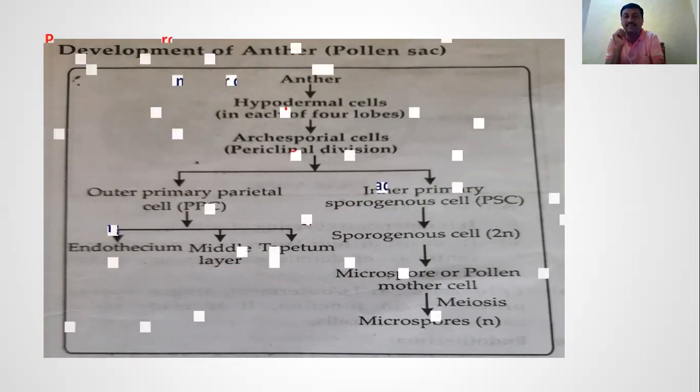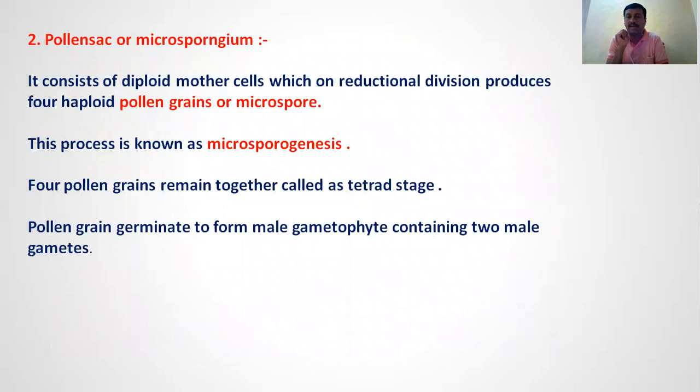Then these are present in between the pollen sac or microsporangia. Now see, it consists of diploid mother cells, that means the pollen mother cells, which on reductional division produce. Reductional divisions are also meiotic divisions, to produce 4 haploid pollen grains or microspores.